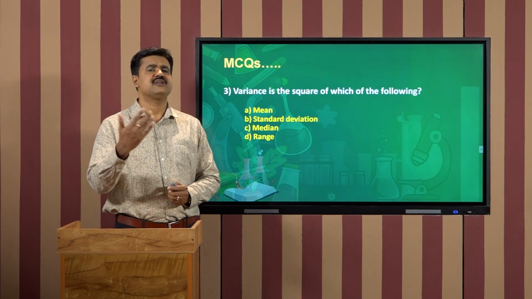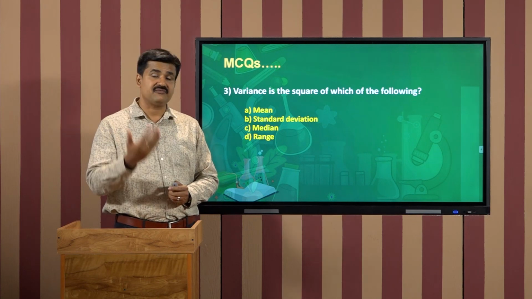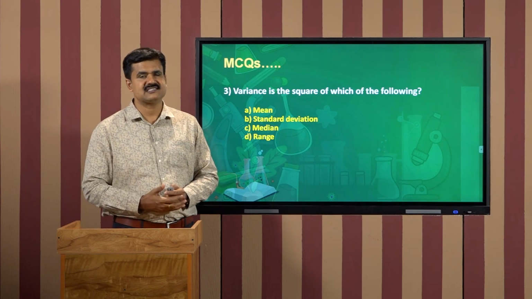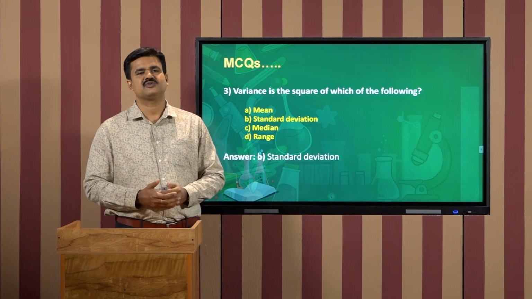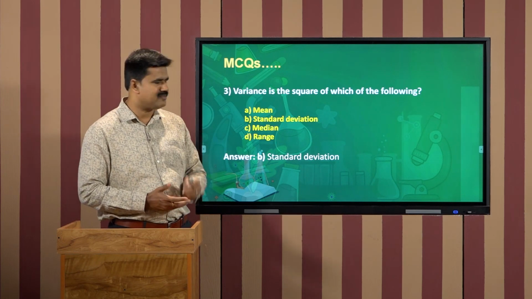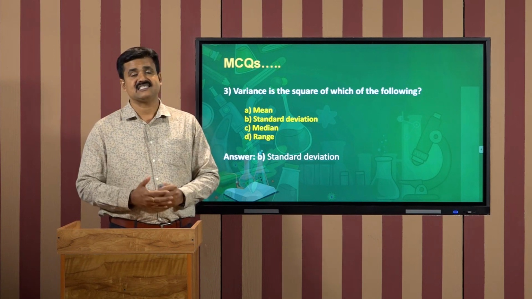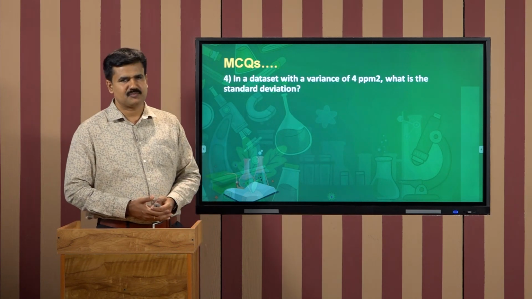You know there are 2 kinds of standard deviation, population as well as sample. So, there are 2 kinds of variance, population variance and sample variance, both are squares. So, the answer to the present problem is option B, standard deviation, that is variance is the square of standard deviation. Moving on to the next problem.